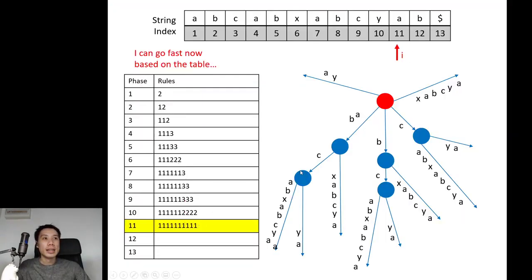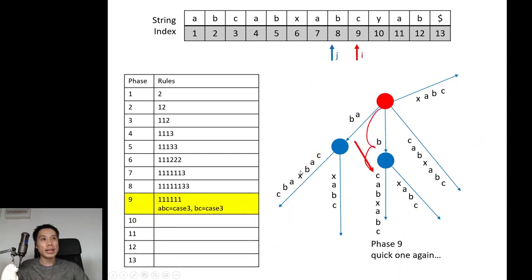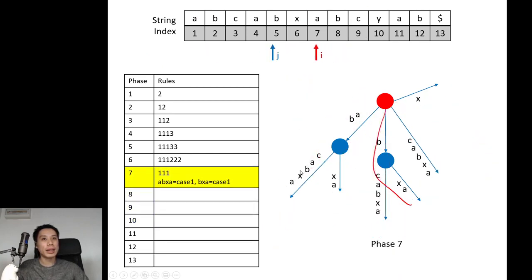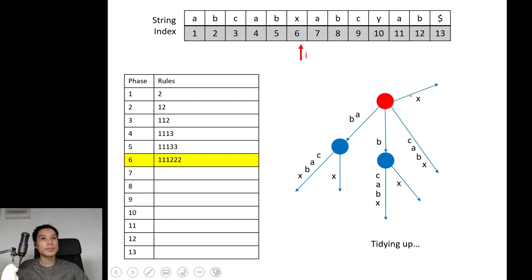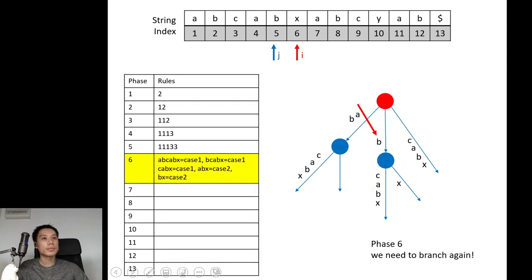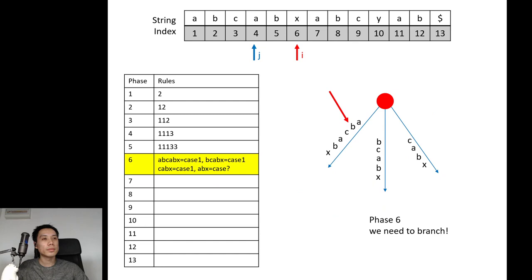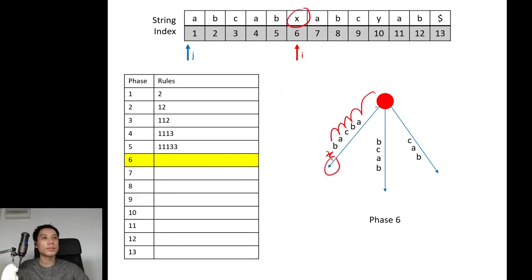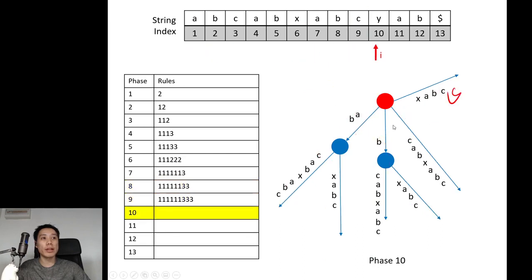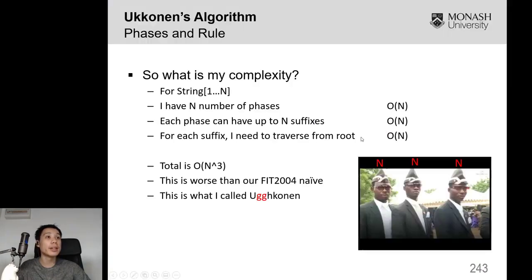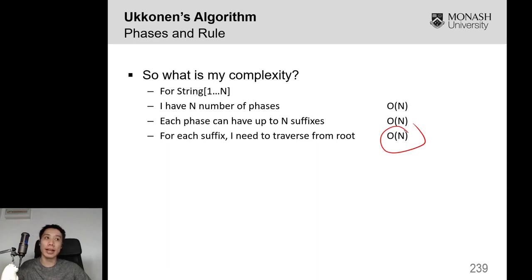So if you notice earlier here, in my example here, if my suffix is A, B, C, A, B, X, A, B, C, A, B, I reach a leaf. Right, I need to traverse here. So me traversing down my tree from the root all the way to my leaf will have a complexity of O of n.